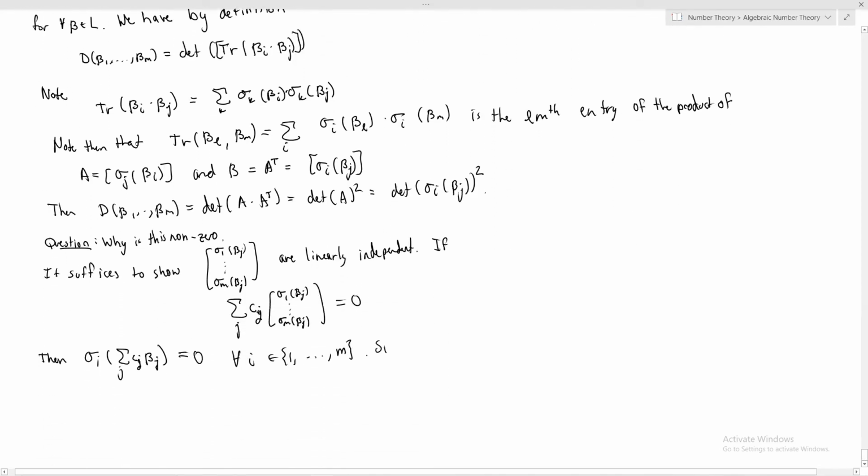So since all the Galois conjugates of this guy, the sum of c sub j beta sub j, are 0, this sum equals 0. But these guys are a basis.